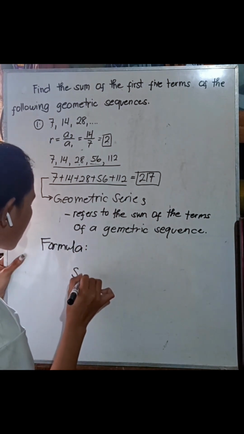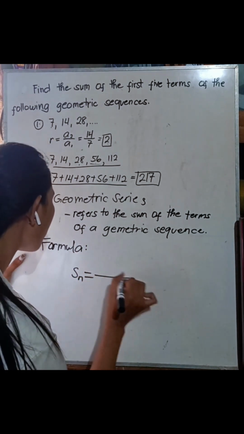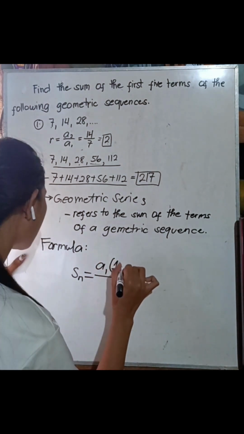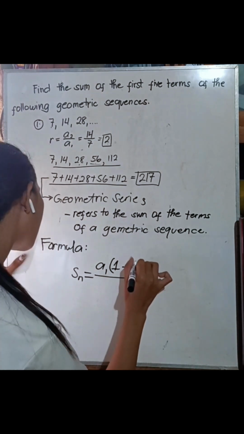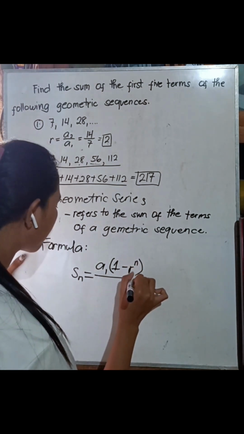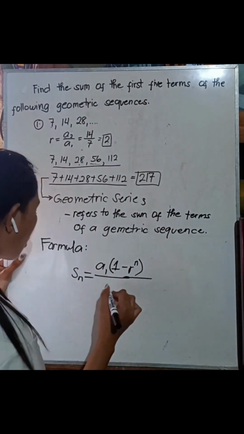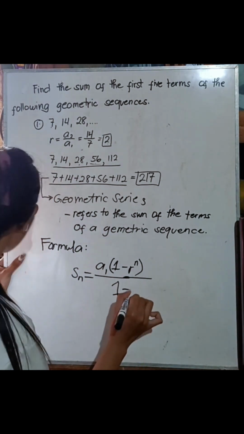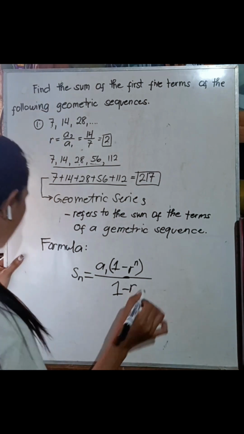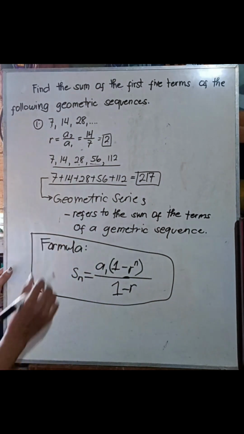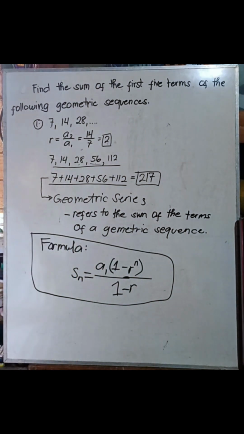So, ang atong formula nga gamiton is S sub n is equal to a sub 1 times the quantity of 1 minus r exponent of n all over 1 minus r. So, mao ni siya ang formula nga need ninyong tandaan para makuha nato ang sum of the first n terms of a geometric sequence.